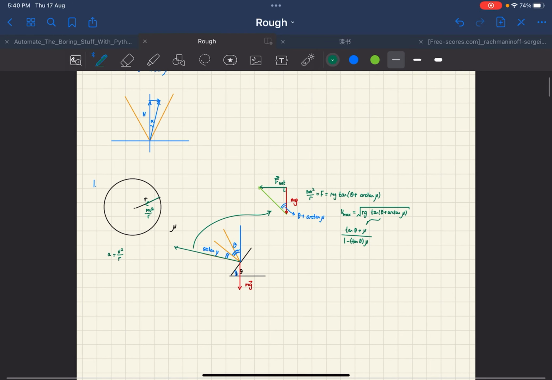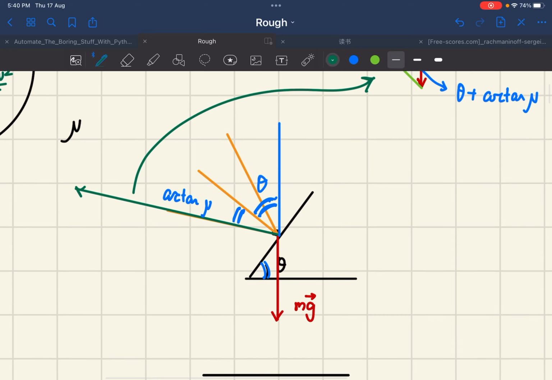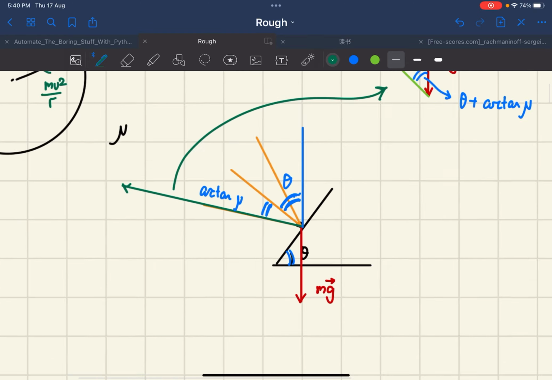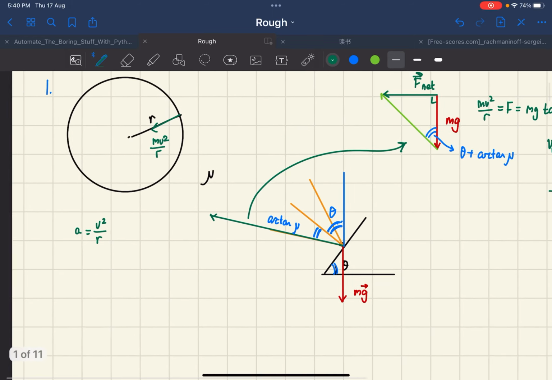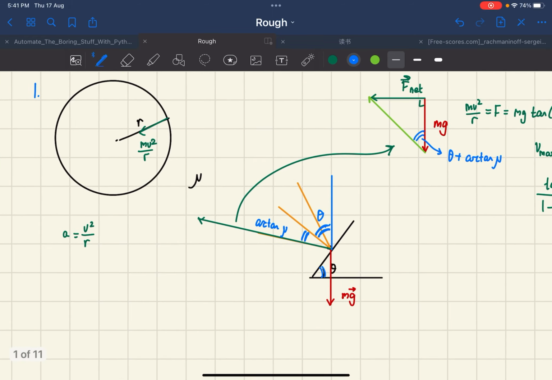So this is actually quite a more geometric way of explaining how the forces due to the surface act on the car, and what force exactly we should have so that we maximize the maximum speed that the car can go around.